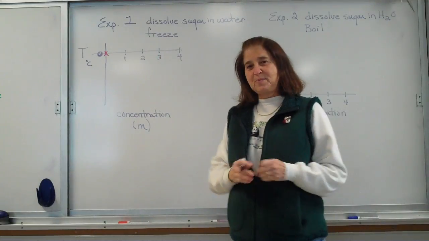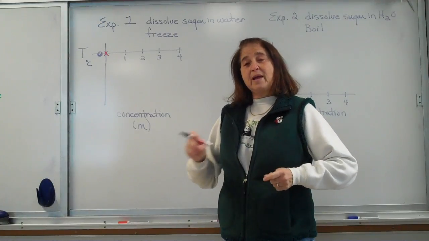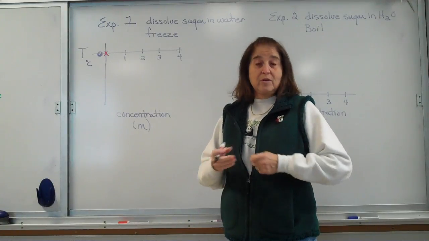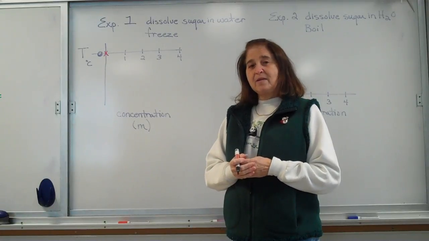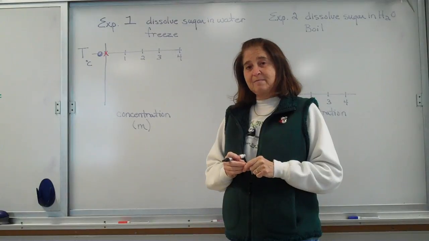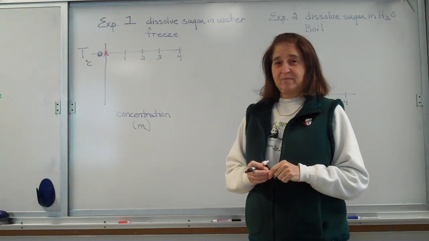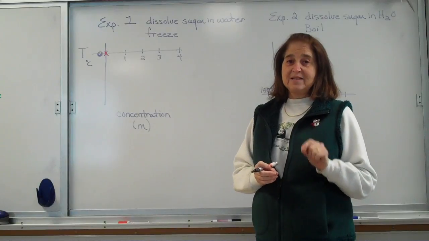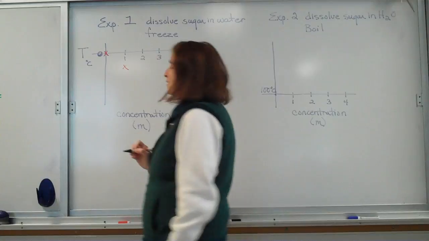Now they do an experiment, and they take a certain amount of water and add enough glucose to make a 1 molal solution. They freeze it and monitor the freezing point. Guess what? The freezing point is not 0. The freezing point goes down.